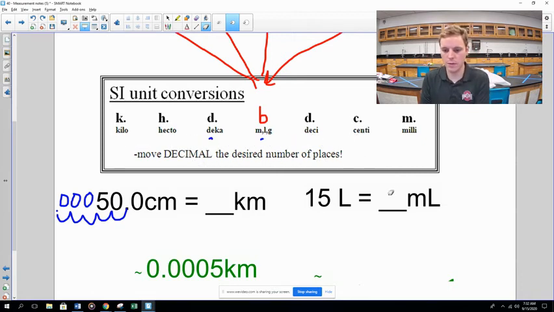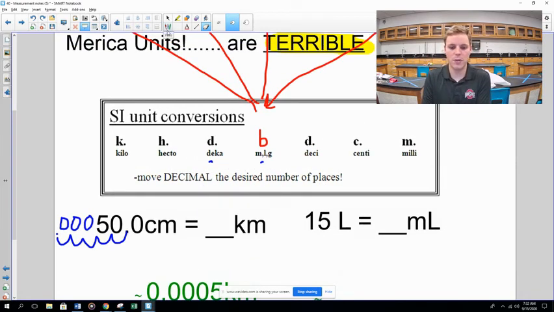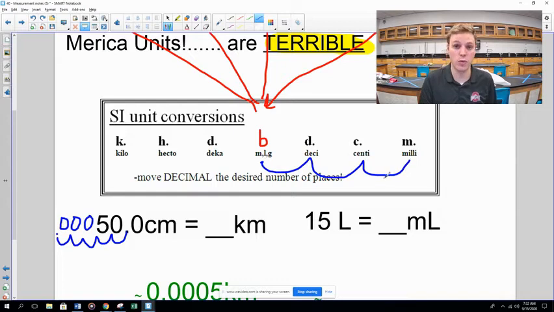Let's try another one. Okay, so we're going from liters to milliliters. Remember, liter is a base unit. So that means we're starting right here at the B for base. And we're going to milli. So again, count how many spots you have to move and the direction. So I'm going from here to milli. So it looks like I'm going to go to the right. And how many spots? 1, 2, 3 spots to the right.